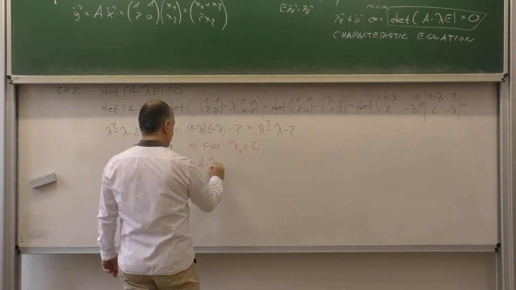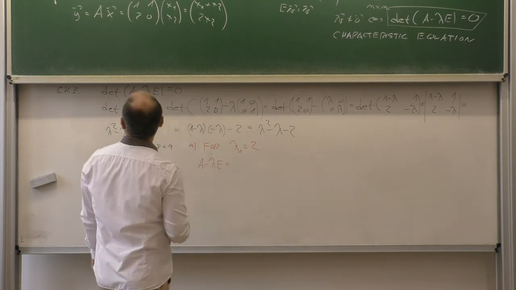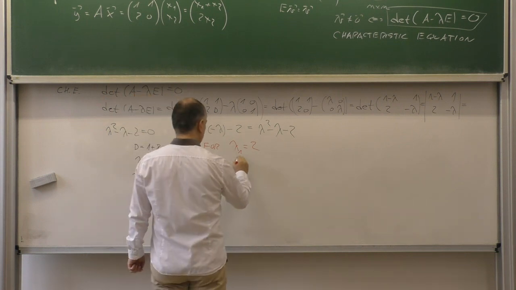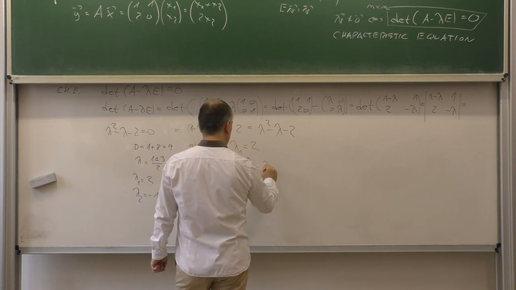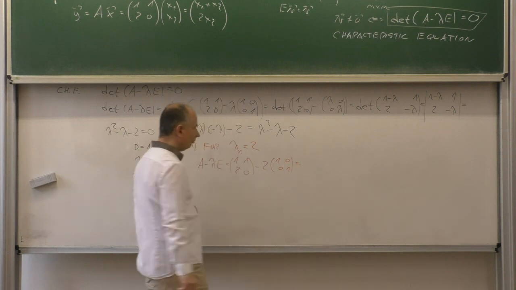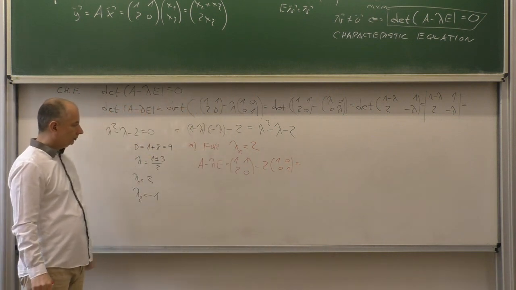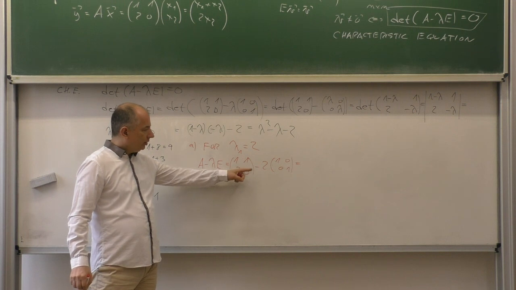A minus lambda E is A, which was 1, 1, 2, 0, minus 2 times 1, 0, 0, 1. Actually, we don't have to be so explicit.